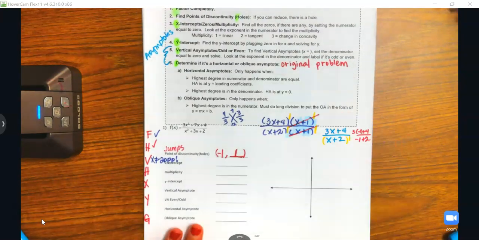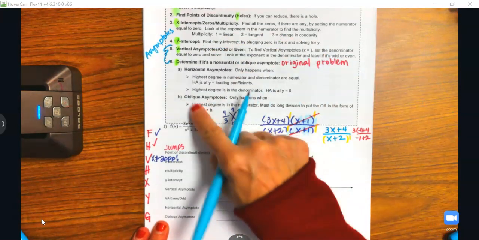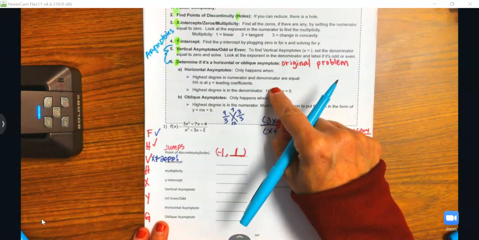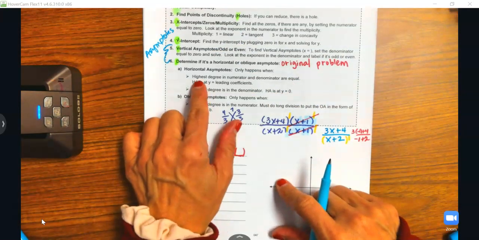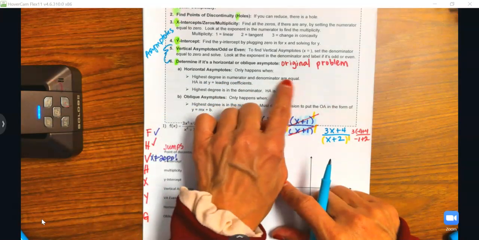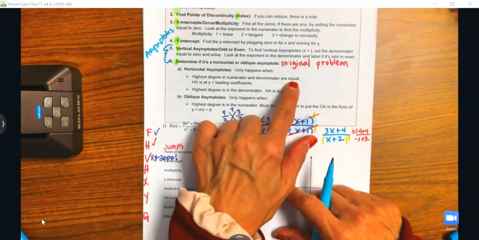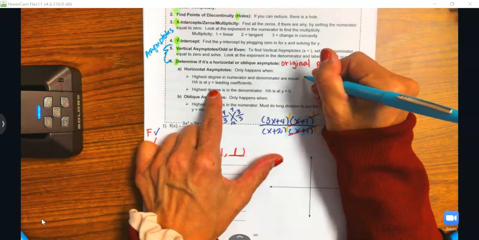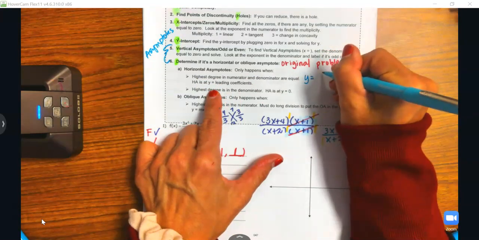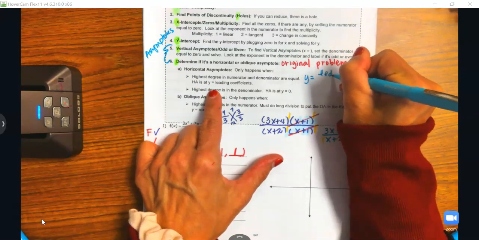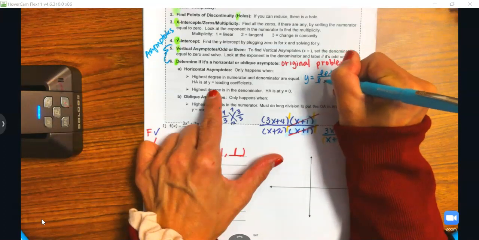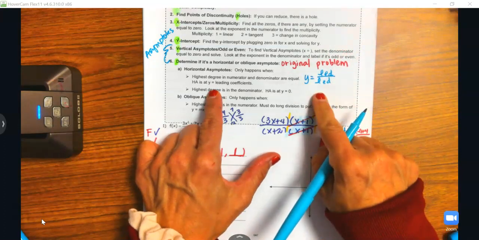Remember, the horizontal asymptote is the only time you look at the original problem. And horizontal asymptotes are like degree fights to me. It always reminds me of the numerator and the denominator fighting it out for the highest degree. If they both equal, it is just y equals the leading coefficient of the top divided by the leading coefficient of the bottom.